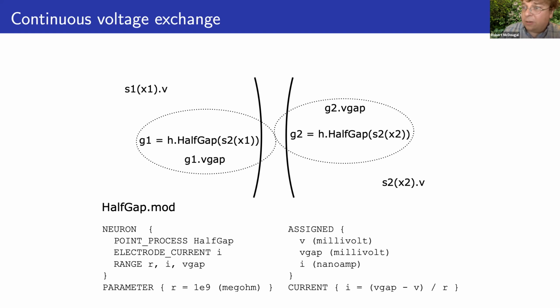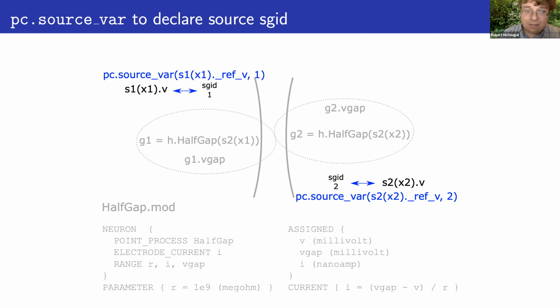So what can we do instead of pointers? Well, we'll use the same trick that we did with cells. We'll assign an identifier for each location. So here, for example, I'll declare a source variable, and my pointer will get an identifier of 1 on cell 1. And my corresponding pointer on the other side might get an identifier of 2.